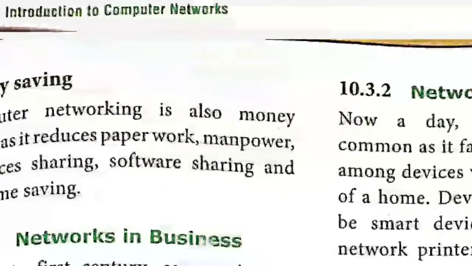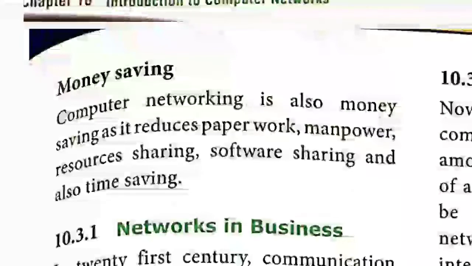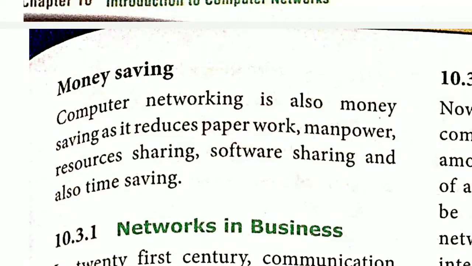So next is money saving. Computer network is also money saving as it reduces paperwork, manpower, resource sharing, software sharing, and also saves time. So if you are using computer networks, you can see that it reduces the cost of running the company.